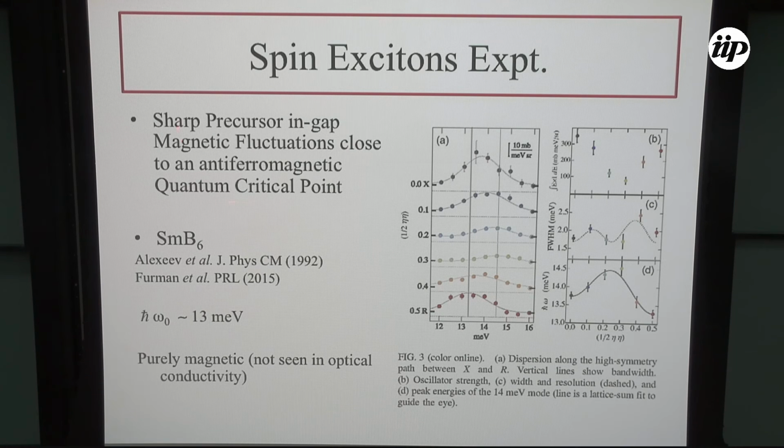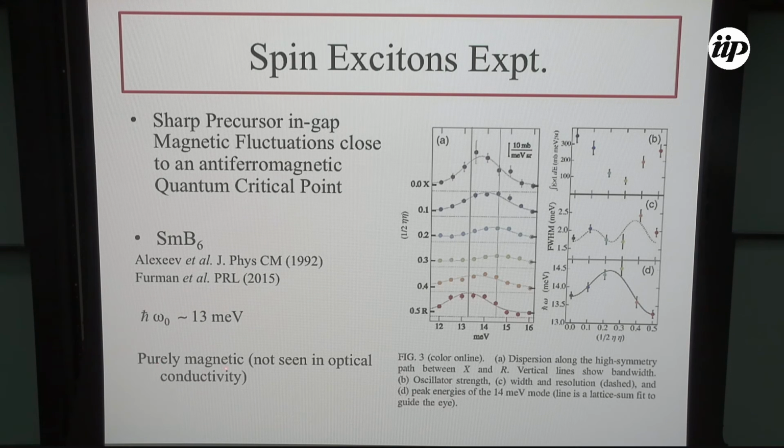And as I mentioned, these precursors for an antiferromagnetic quantum critical point were seen by Pavel Alexeyev in 1992, and they were relooked at by Colin Broholm's group in 2015, and they're still there.